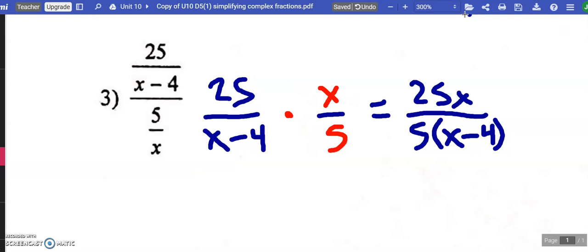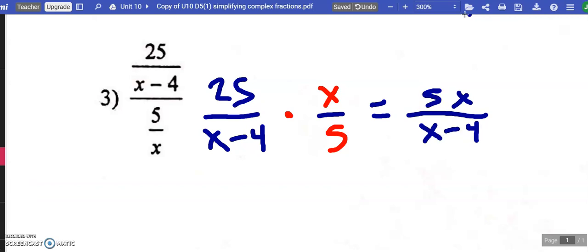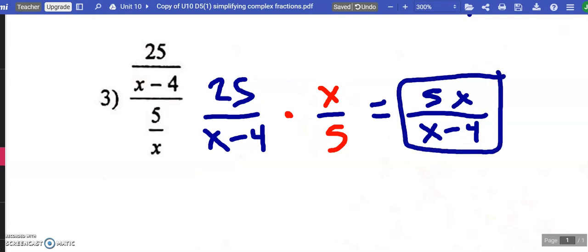So I notice I see 25 over 5. So to simplify, I'll do 25 divided by 5 to get 5. Since there's nothing else on the bottom of the fraction, now I can get rid of these parentheses. And then I am done. So the final answer to this one is 5x over x minus 4.